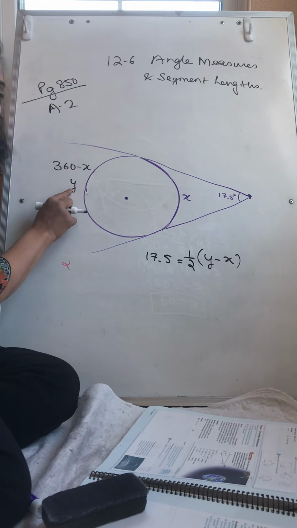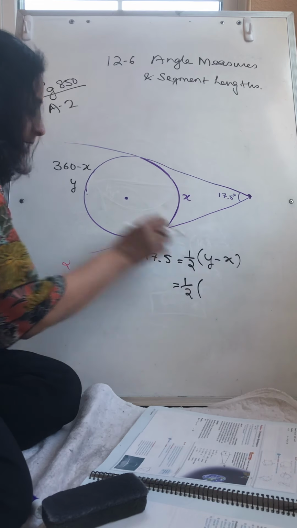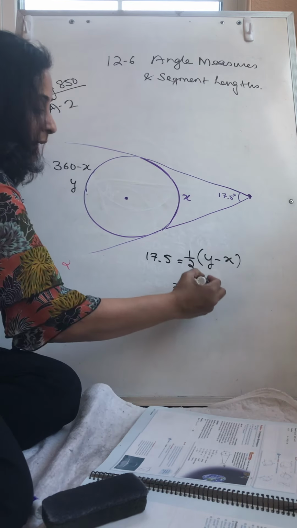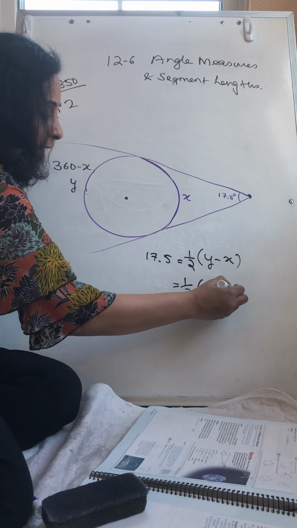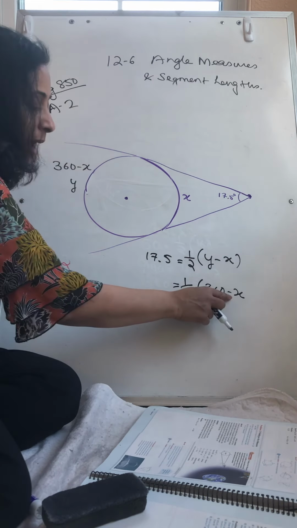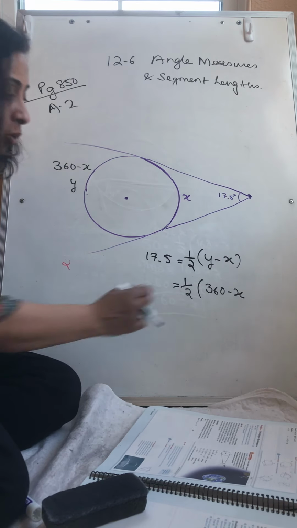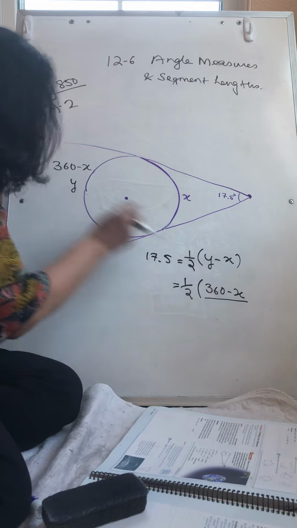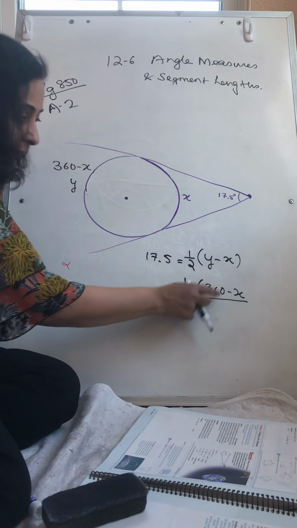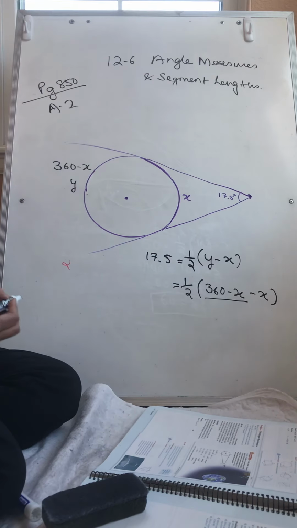So instead of writing y, I'm going to write 360 minus x. Now this is one place where students can make a mistake. They look at this minus x and say, oh, I wrote minus x already. No, this 360 minus x is the y. And now this x, again you have to write it as minus x.